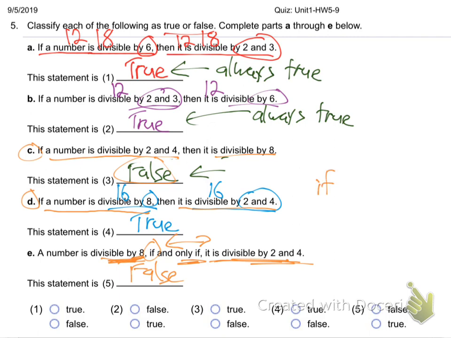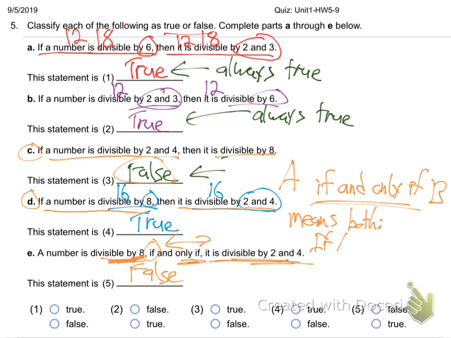If you see the phrase if and only if, you have A is true if and only if B is true. If you see that kind of phrase, that means both if A then B, and it also means if B then A. It means both directions.